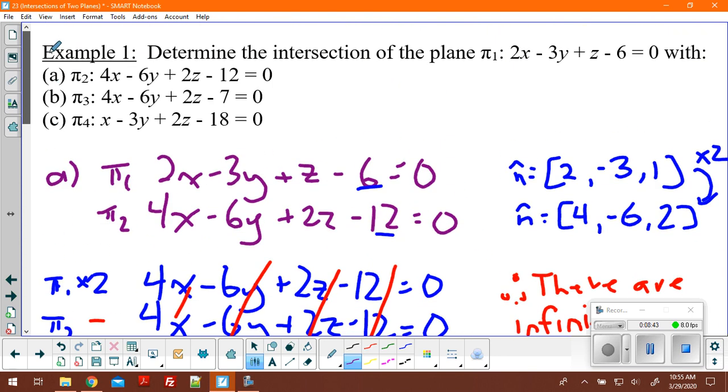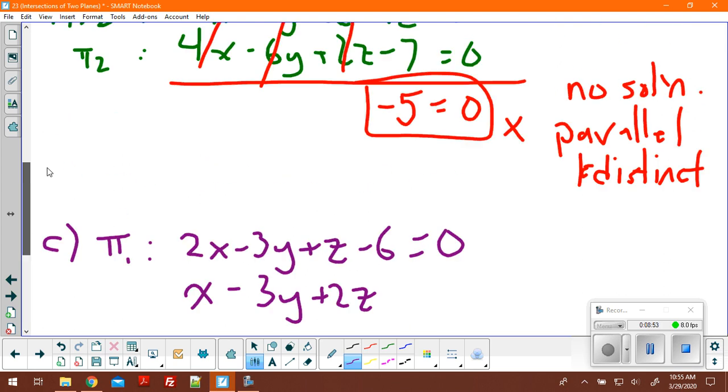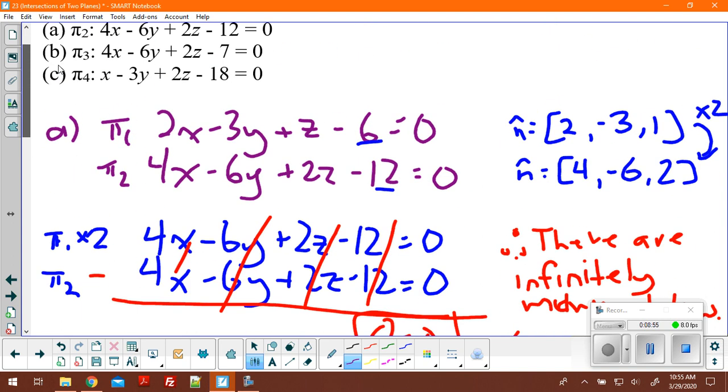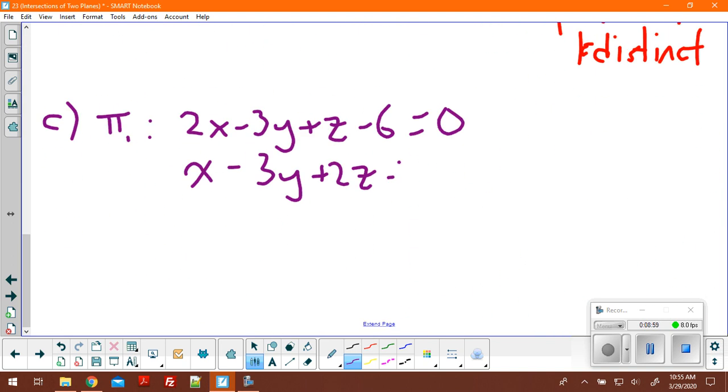My second plane, x minus 3y plus 2z minus 18 equals 0.